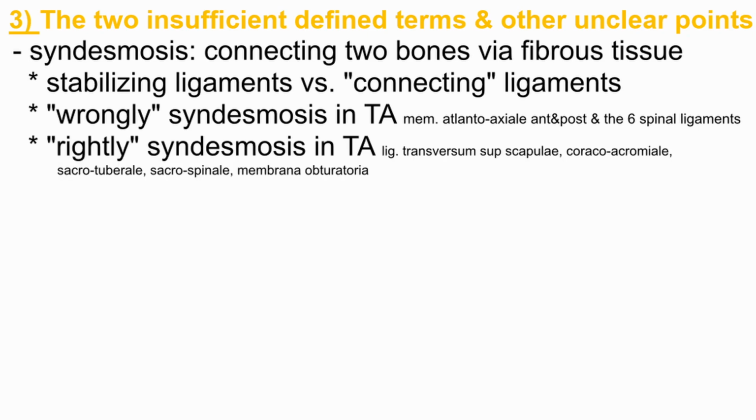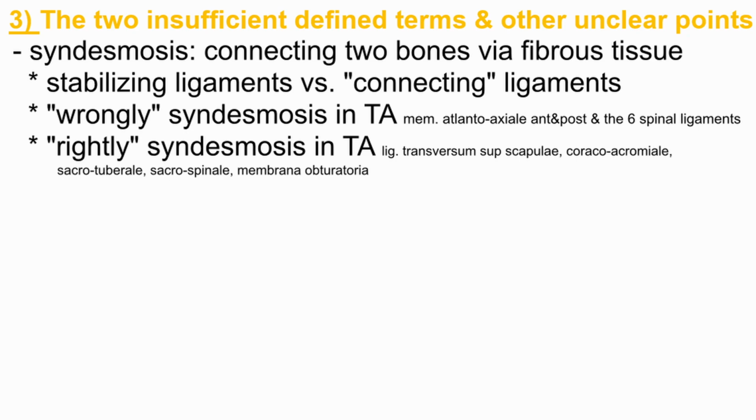Next, in Terminologia Anatomica, the ligamentum transversum scapulae superior, coracoacromiale, sacrotuberale, and sacrospinale, as well as the membrana obturatoria, are considered to be syndesmosis too. I didn't consider them being syndesmosis because of didactic reasons.